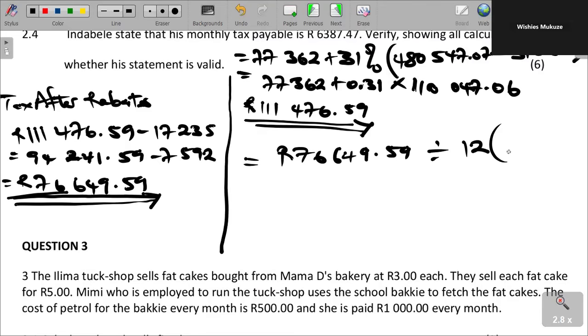We are saying this is now to calculate monthly, which is going to give us an amount of how much? 6,387.47.